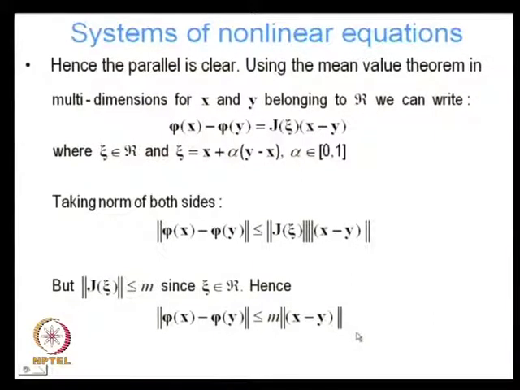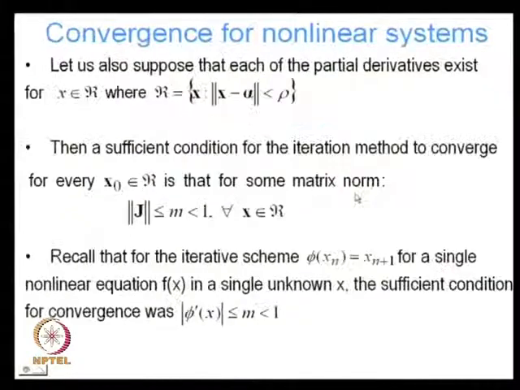But we have seen that the condition for convergence is norm of J of xi is less than m, and we have seen that this is true.